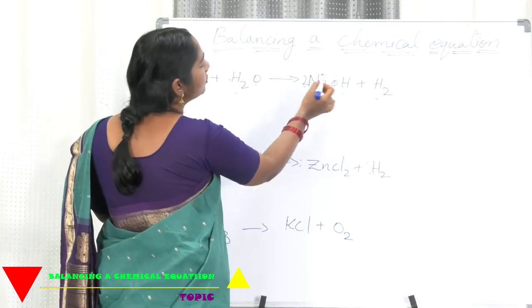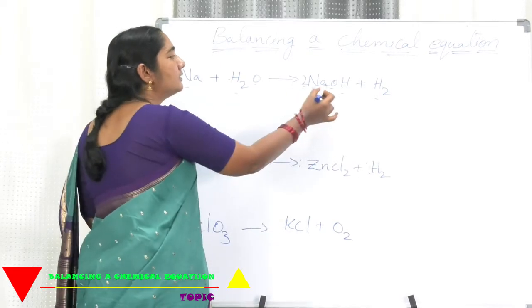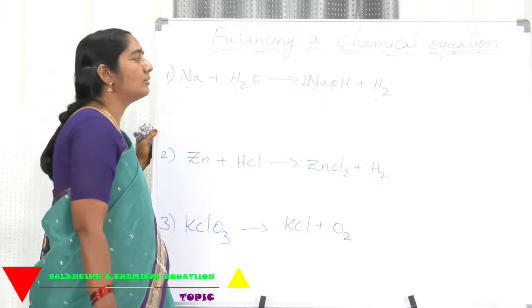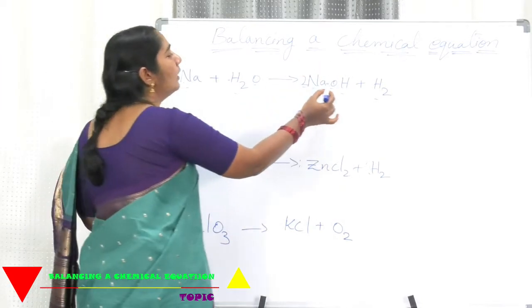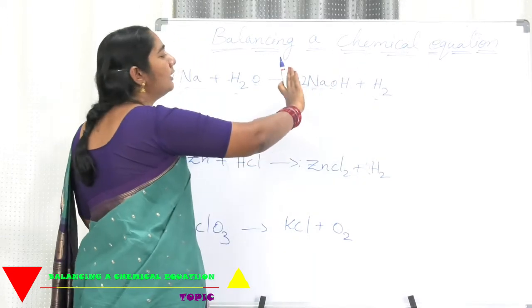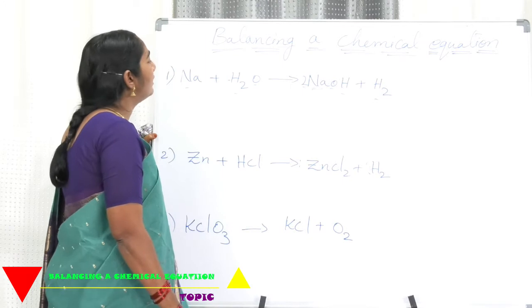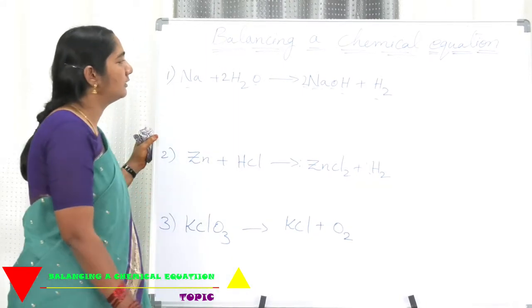This 2 belongs to every atom, meaning 2 sodiums, 2 oxygens, 2 hydrogens. These 2 must be counted for all atoms. So now on your right hand side, 4 hydrogen atoms are there. On your left hand side only 2 are there. So let me put 2 here.